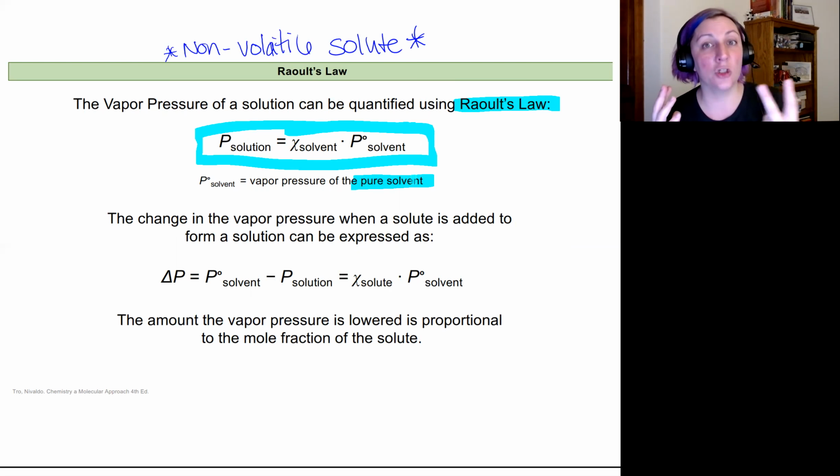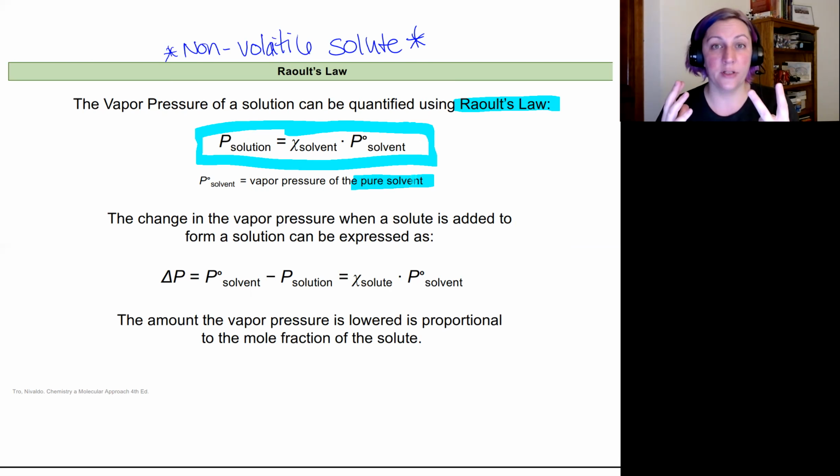So I'd really have 2 moles of solute particles. And so my mole fraction would be 0.8 for my solvent rather than 0.9. So asterisk, and we'll do an example. So that's how we're going to calculate the vapor pressure of a solution. And we're going to base that off a correction to the vapor pressure of the pure solvent.